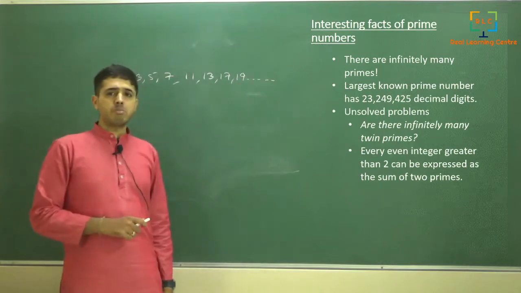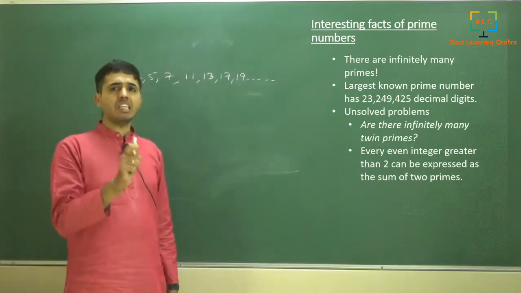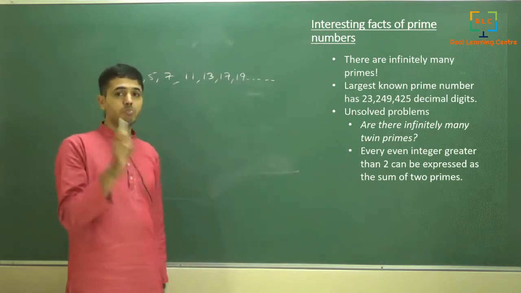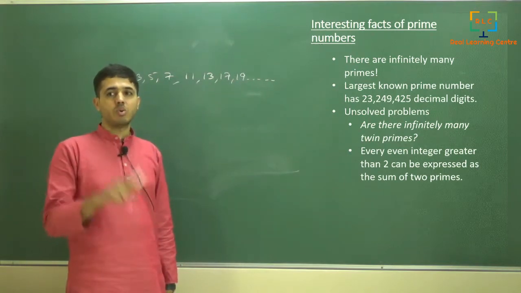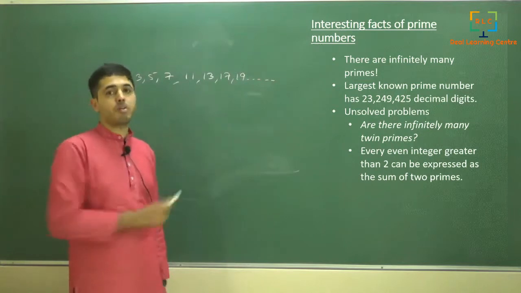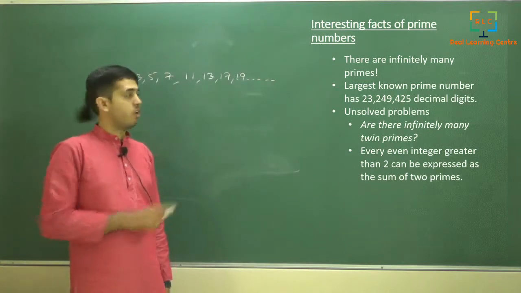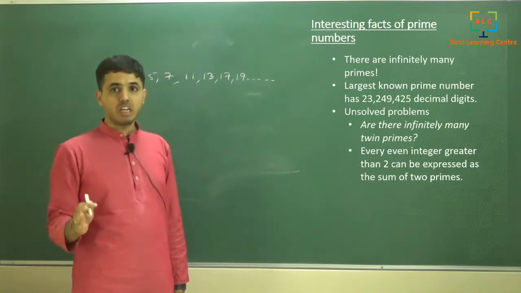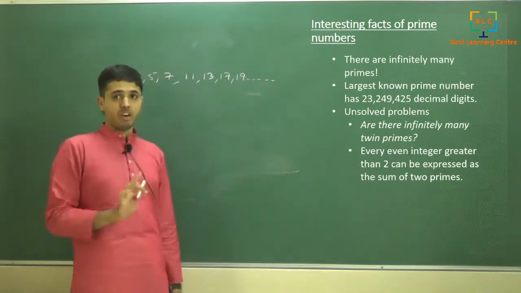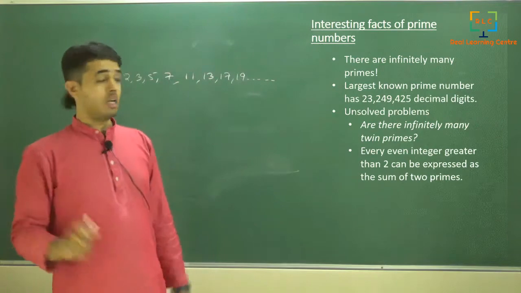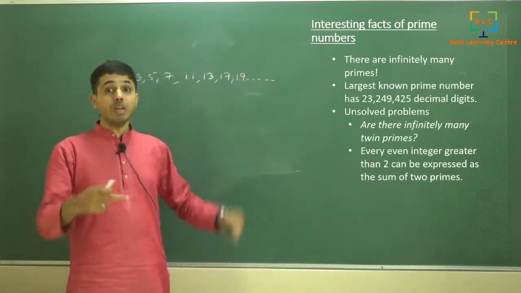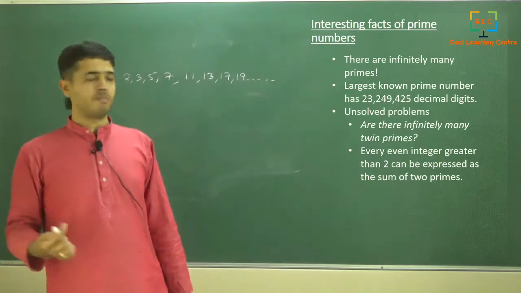And in this field of prime numbers, there are a couple of very interesting and very simple problems, but nobody has proved them. So, a couple of unsolved problems in the field of prime numbers. First, we know there is a proof for infinitely many prime numbers, but are there infinitely many twin primes? Now, what is a twin prime?